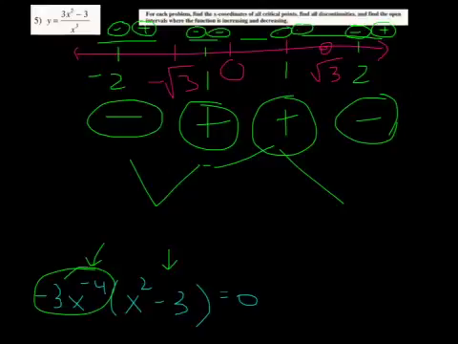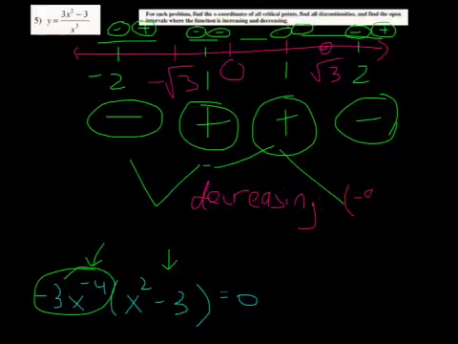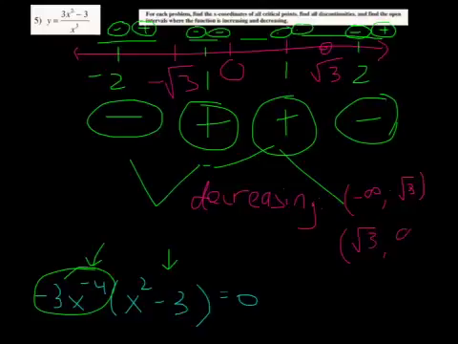So let's see. The next thing we would do is state the intervals. So this function is decreasing from negative infinity to negative radical 3 and radical 3 to infinity.